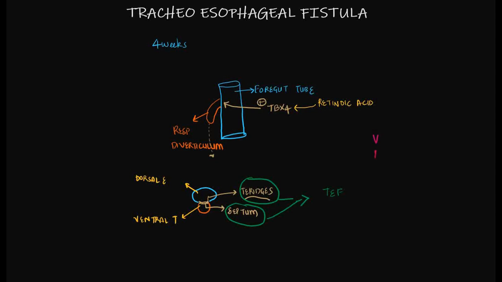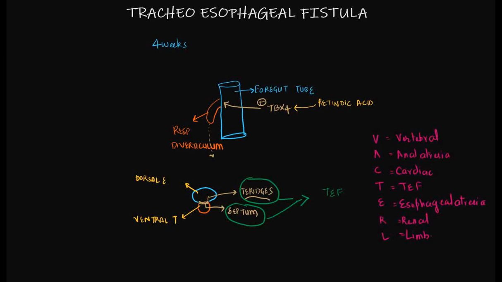However, this is also associated with other congenital abnormalities which is labeled as VACTERL. V for vertebral anomalies, A for anal atresia, C for cardiac defects, T for tracheoesophageal fistula, E for esophageal atresia, R for renal anomalies, and L for limb defects.